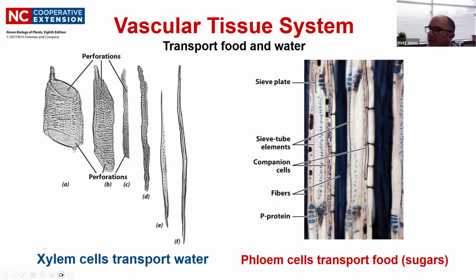And what's left is like a hard tube, a long, at least hollow cell. In some types of xylem cells, called tracheary elements, they're more pipe-like. So imagine just pipe pieces or PVC pieces stacked on top of each other.